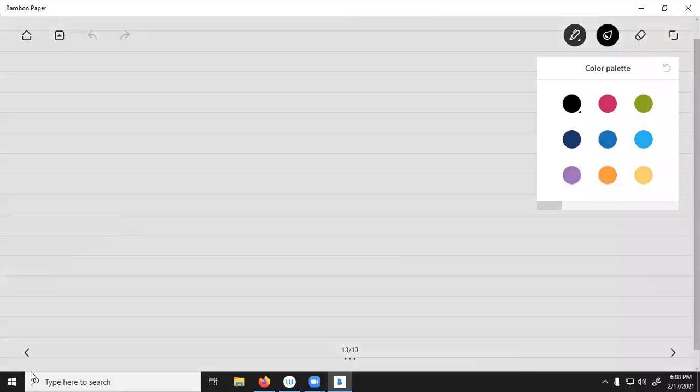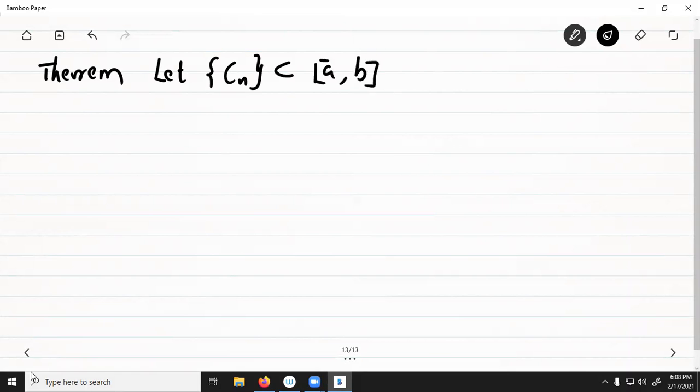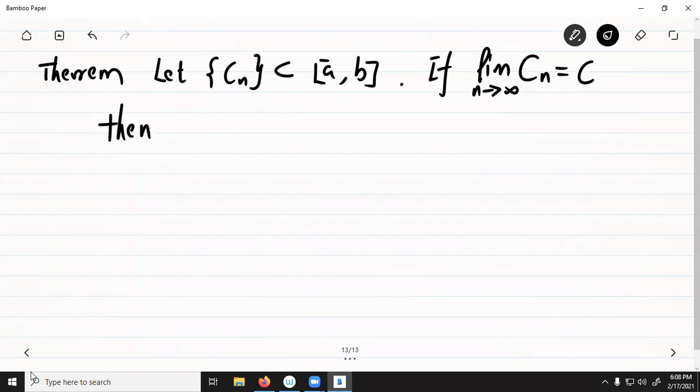Now let's look at the next theorem. The next theorem is very straightforward. We're using this lemma. We let a sequence Cn be in the interval [A, B]. If the limit as n approaches infinity of Cn is equal to C, then C must be in the interval [A, B].